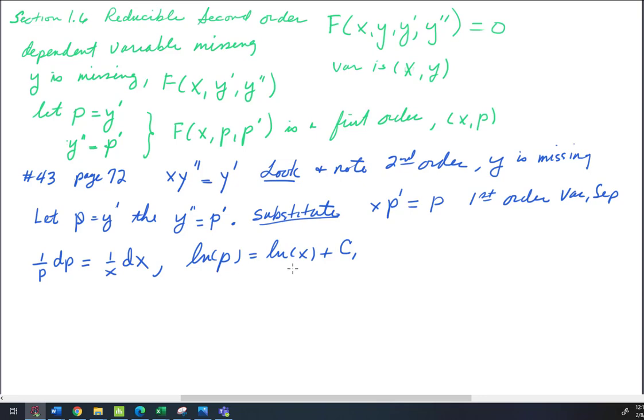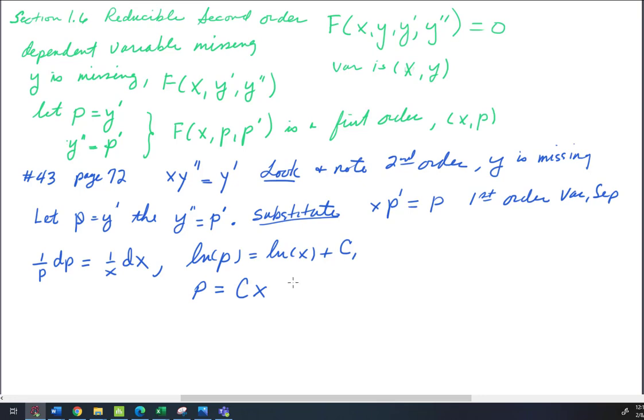Now we can exponentiate both sides, and if we do that we'll get p is equal to Cx. And you of course will want to satisfy yourself that that's correct.